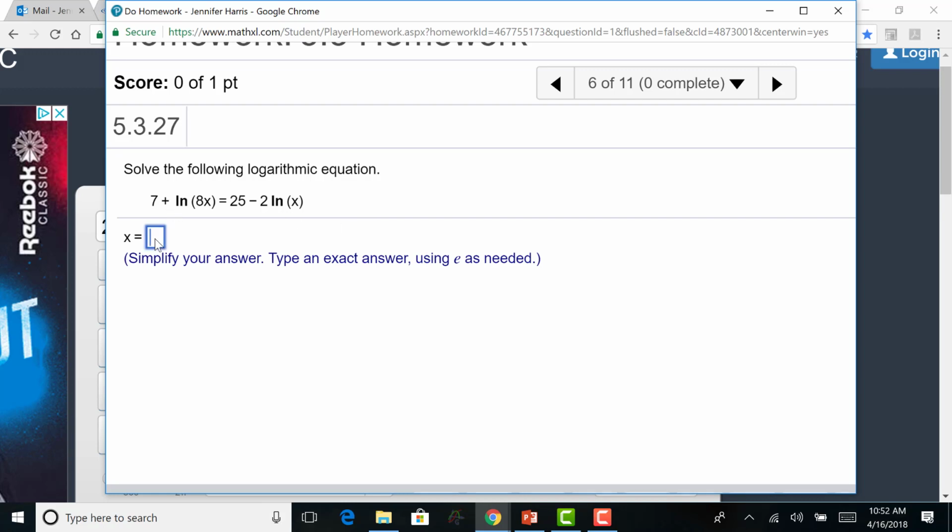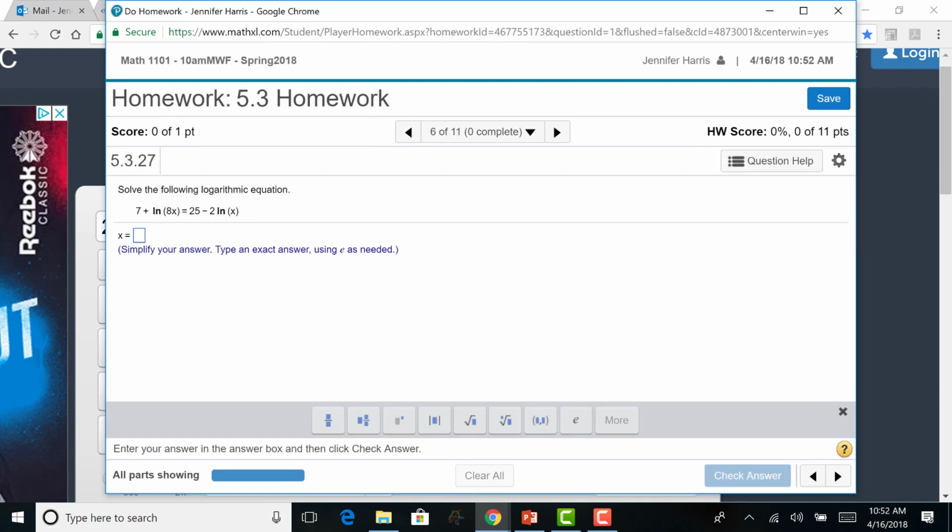All right, what did we say our answer was? e to the 6 over 2. I need a fraction. Let's shrink my screen back down. e raised to the 6th power over 2.